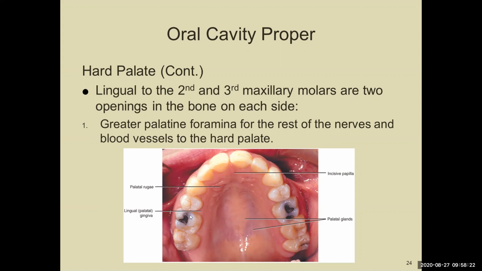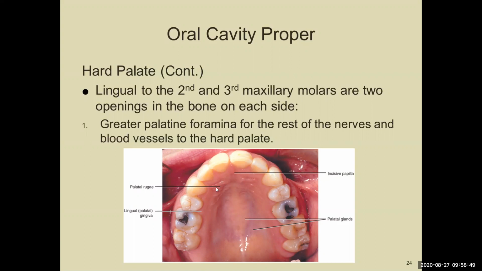This is your palatine gland here, but you've got the greater palatine foramina right here. And that injection is called the GP for greater palatine. I used to think that it was a secret language that only people who gave injections knew about, but it's not.